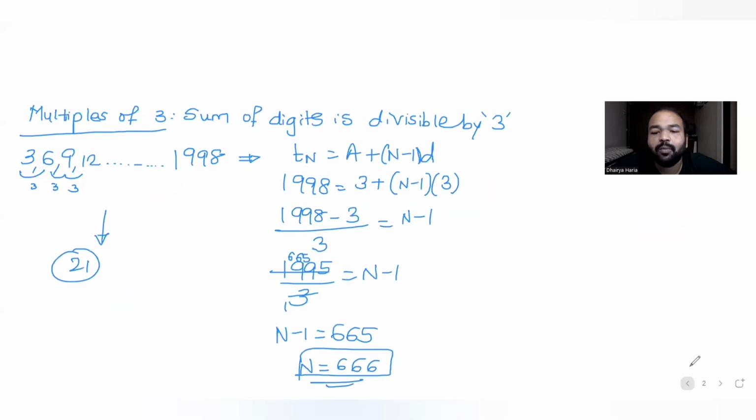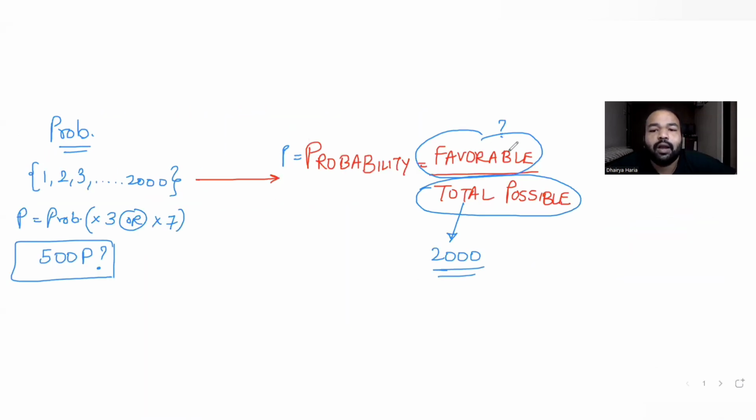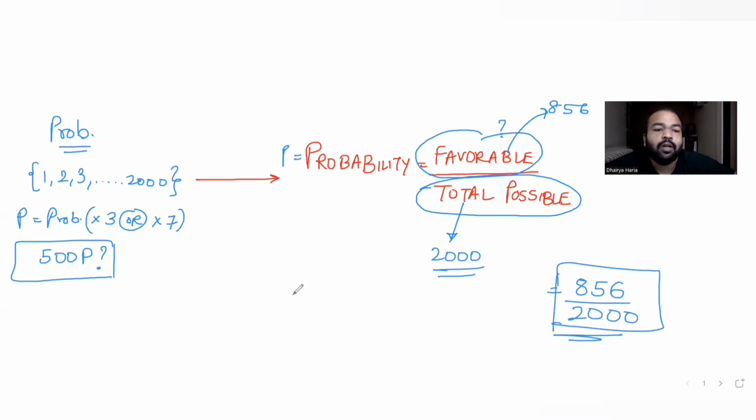Now if I find the probability, I already have the favorable outcomes as 856, so it becomes 856 upon 2000. That is the value of P, right? But we need to find the value of 500P. So 500P becomes 500 into 856 upon 2000.